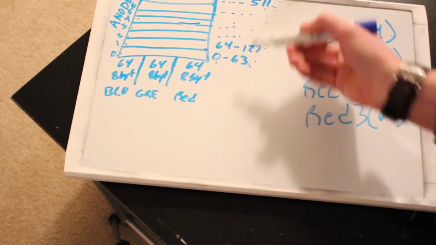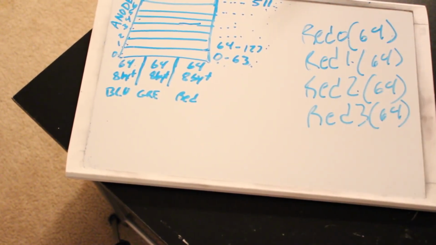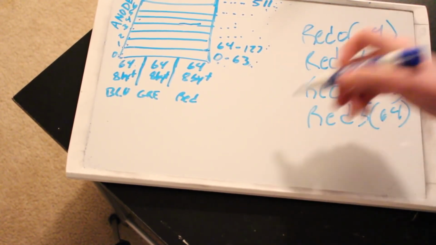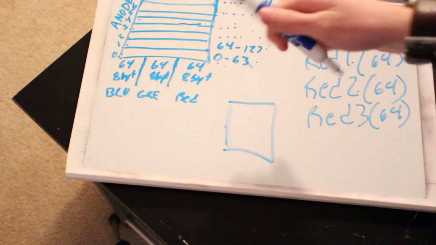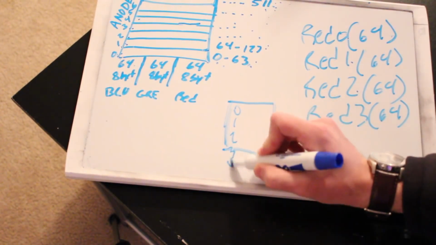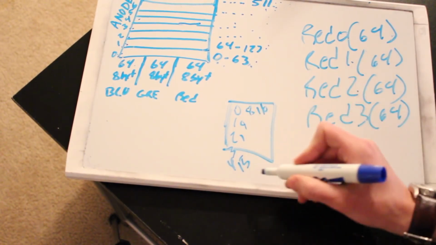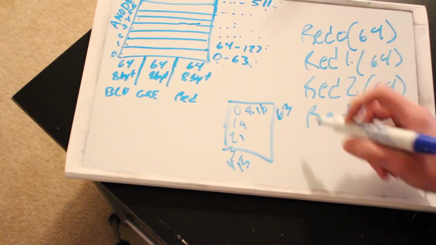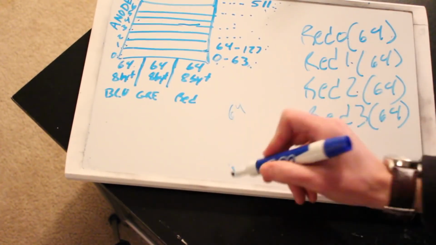And then as it works through the bit angle modulation, you'll notice you have red 0, red 1, red 2, red 3, 4 bits for the bit angle modulation. Now I'm getting a little ahead of myself here, but essentially what the level row column does is, if you looked at the cube face down and you're looking at level 0, it's sort of like going 0, 1, 2, 3, 4, all the way down to 7, 8, 9, 10, all the way to 15, 16, and it's going all the way till it gets to 63, and then on the very next level, it starts out at 64 and continues through.